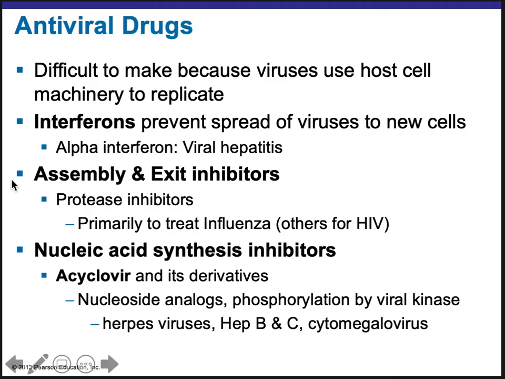If it's a membrane virus, a virus has a membrane. Not all viruses have membranes. Okay, so we have interferons, which is a drug that we actually make ourselves when we have a viral infection, and it's considered a cytokine because it's a cell messenger.